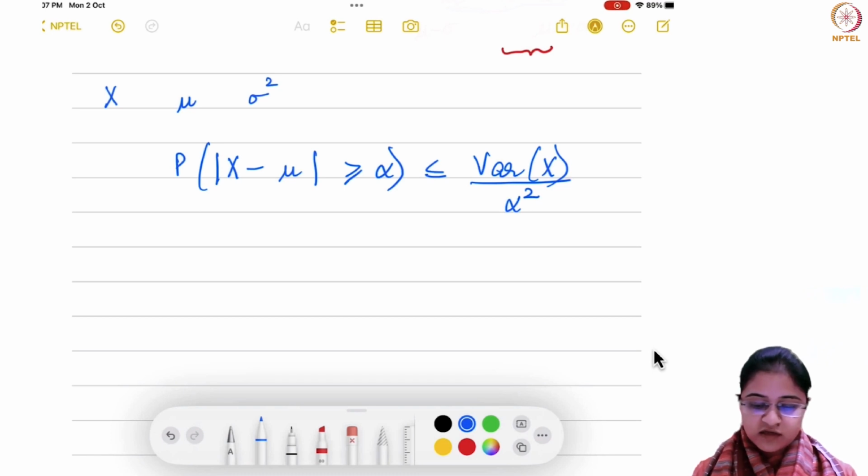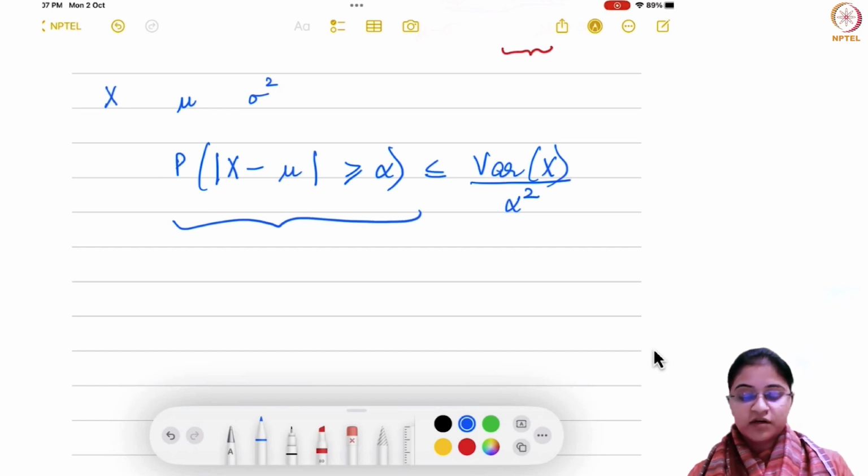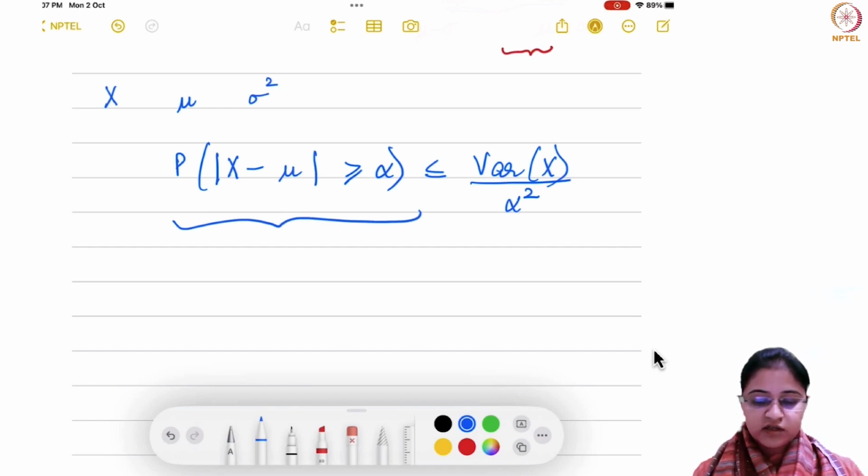So what is it saying? It is giving a bound on this probability. And what is this event inside the bracket? It is saying that the distance between x and mu is greater than alpha. So it is basically finding the probability that the distance between these 2 points is greater than alpha.